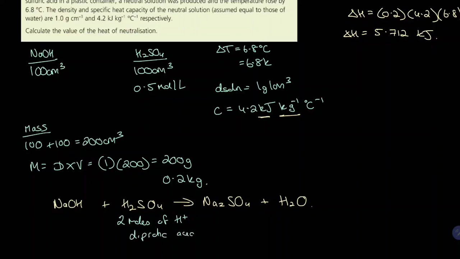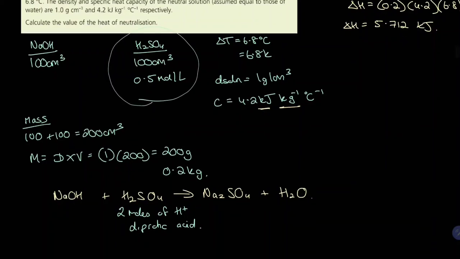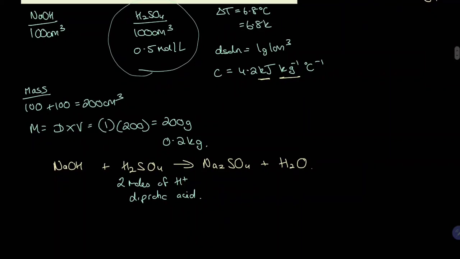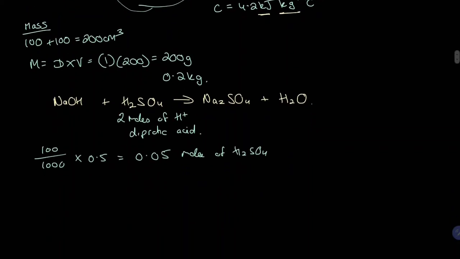So you just need to be careful with that one towards the very end. So I'm going to figure out how many moles we actually have in this specific reaction. So I only have 100 centimeters cubed, not a litre. So I'm going to have a fraction of the 0.5 moles per litre. I'm going to work that out to be 0.05 moles of H2SO4 were in the reaction.